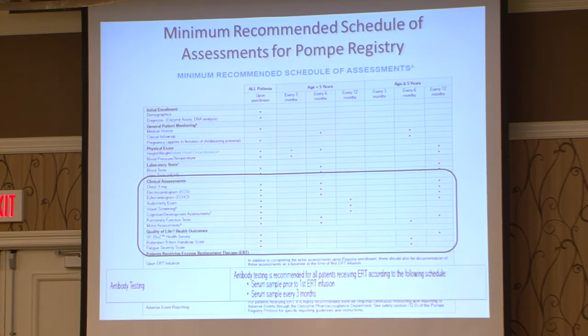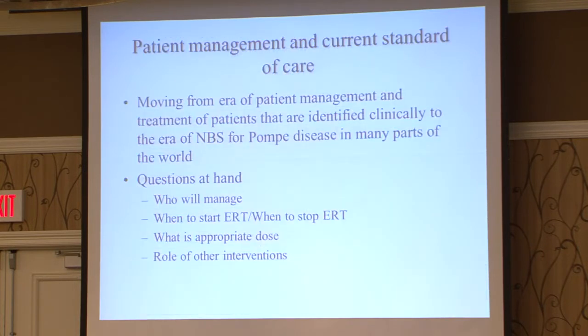It also talks about antibody testing, and I think we'll be talking about this in later sessions, but once again, it's there in the package insert, it's there in the guidelines, and still we continue to see that there are individuals with Pompe disease who are not getting this routine follow-up of care.